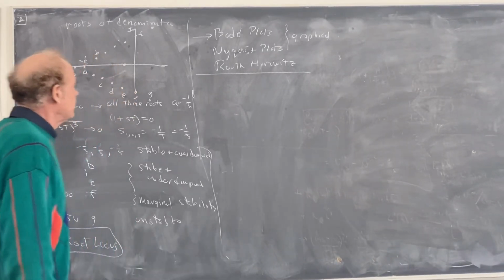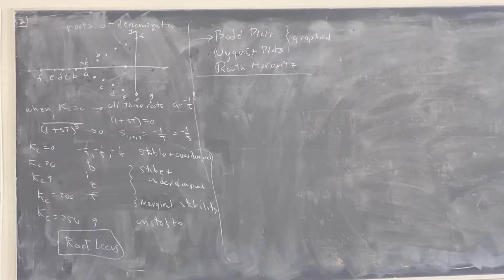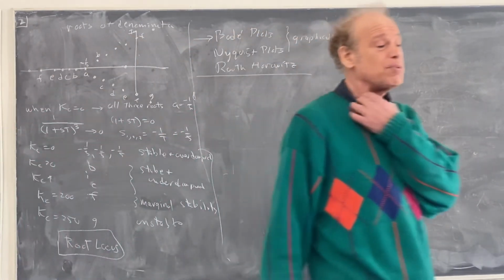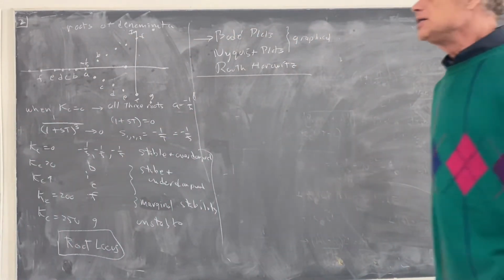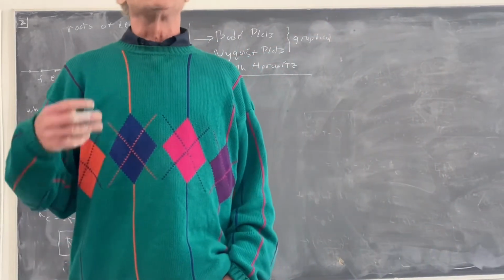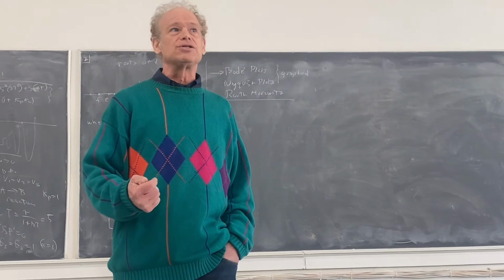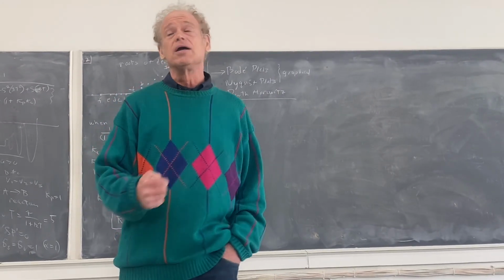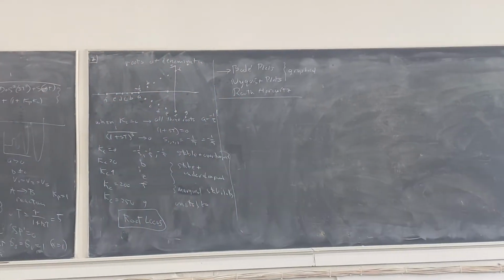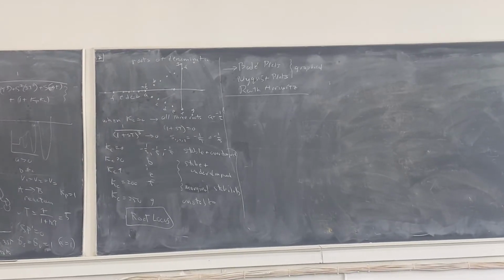Okay, so let's take a look at that. What's the idea of the Bode stability method? I'm going to give you the idea, and then we're going to do some calculations, but the idea is really the central thing. First, let's define what we mean by open loop.